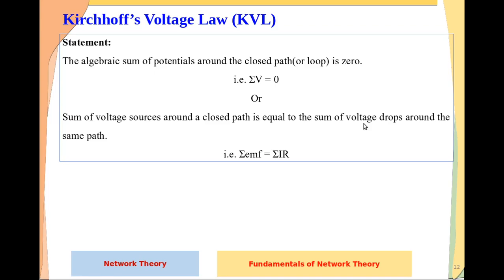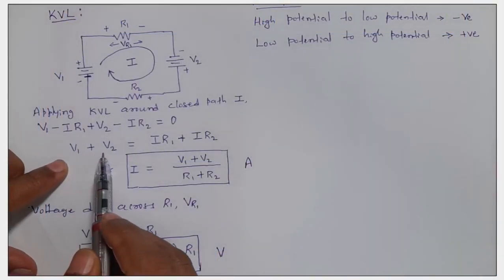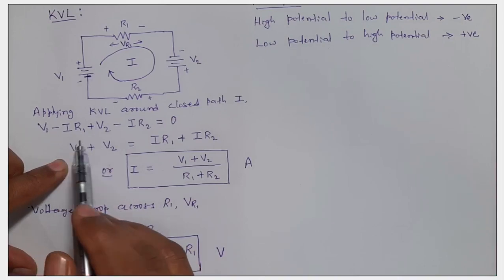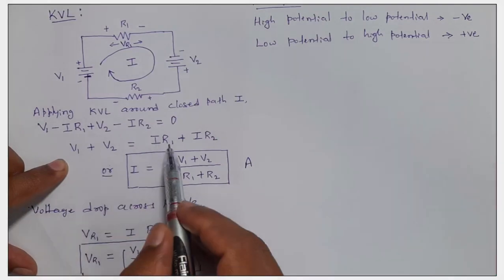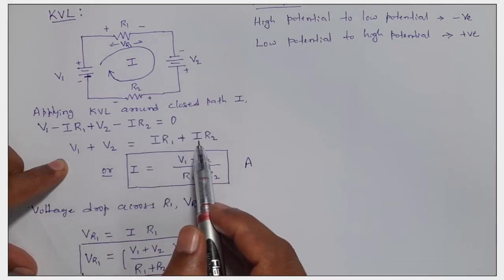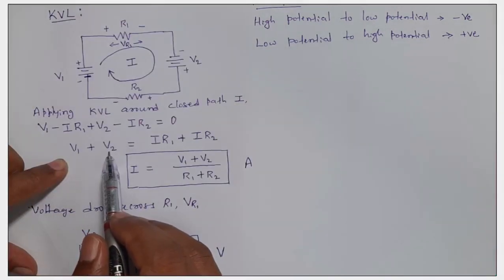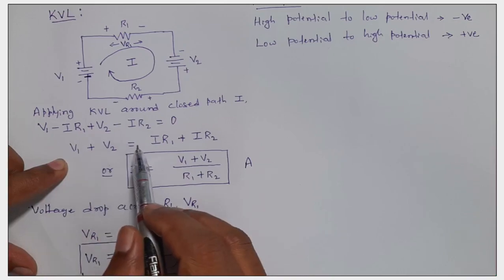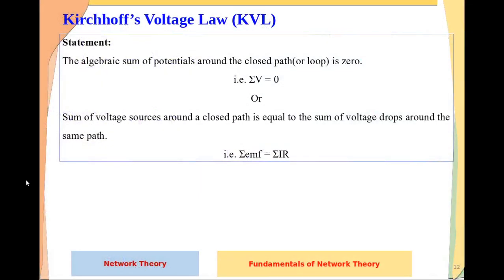This is the sum of voltage sources, V1 plus V2. This is the sum of voltage drops. Depending upon the sign convention, it might be V1 minus V2, and this is the IR drop, nothing but a voltage drop. So this is KVL: the algebraic sum of voltage sources is equal to the algebraic sum of IR drops.